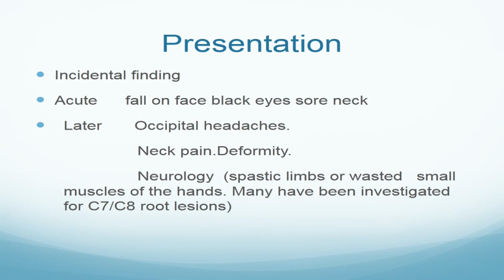Later, they'll say, funny, I don't seem able to get my head up straight as it used to be. Or they may appear years and years later, as I'll show you, with spastic limbs. And the next trick, which people forget, is the presentation of something around the foramen magnum, of compression, is wasting of the small muscles of the hand.